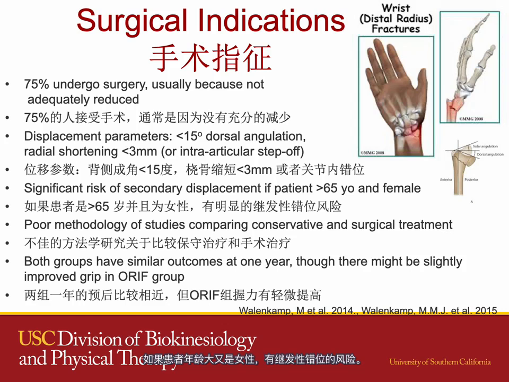There's more of a risk of having displacement, so again, that picture kind of showing how it doesn't line up, if they're older and they're female. I don't know that anybody's figured out why, but I have my theory. I think that women tend to use their hands more expressively and move their wrists more than we realize, because we tend to talk with our hands more.